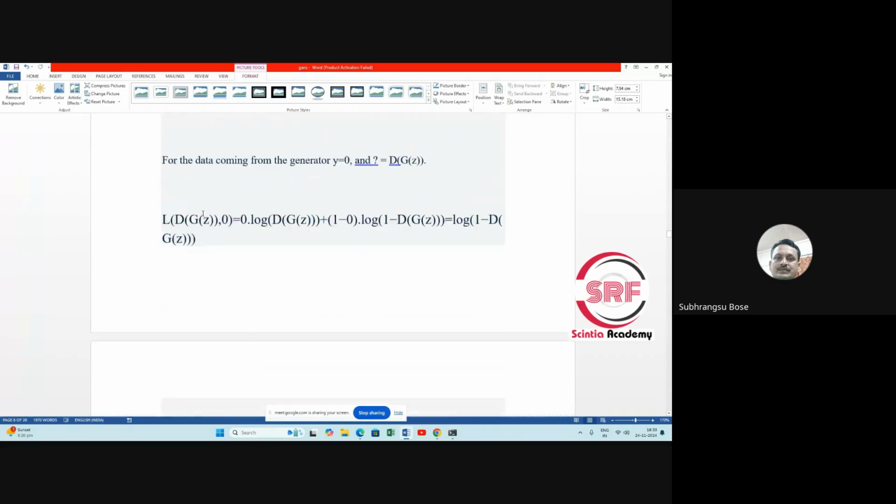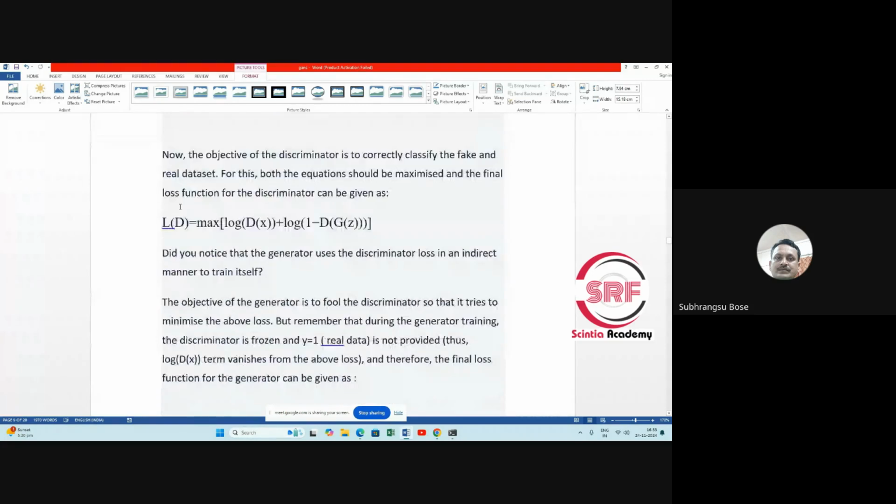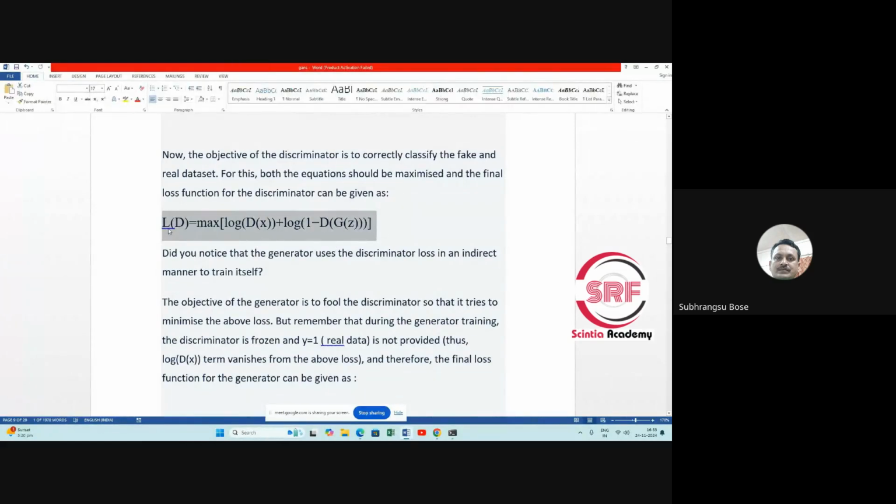Then we go to the total loss. Our objective is basically to maximize the discriminator loss. This is the discriminator loss. LD means loss of discriminator. Maximize log D(x) plus log(1 minus D(G(z))).